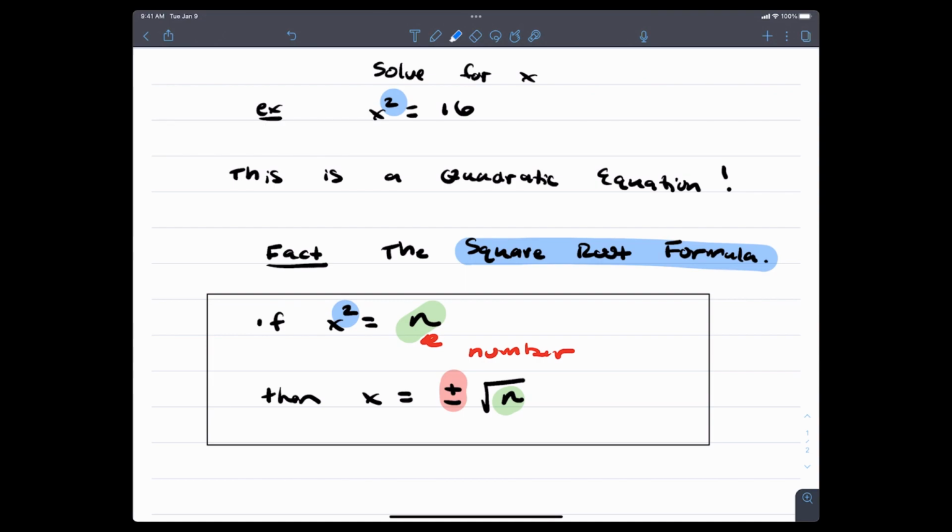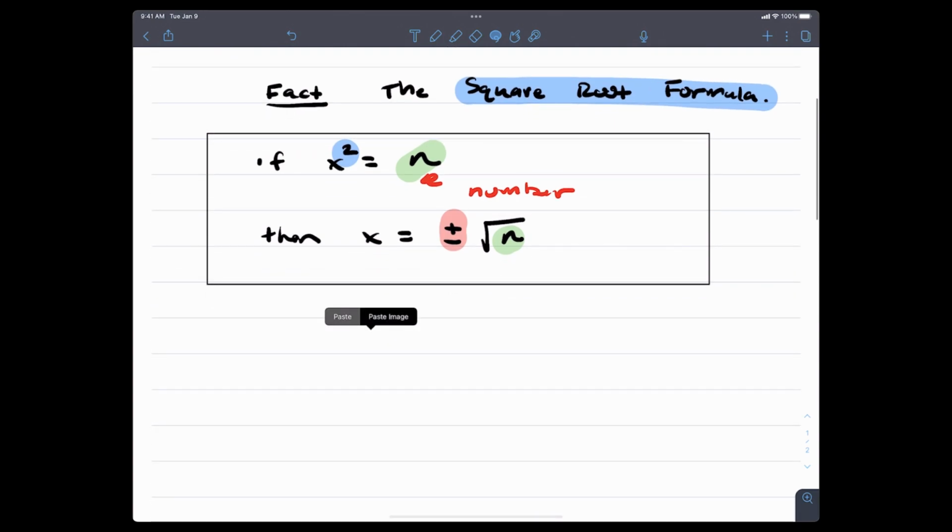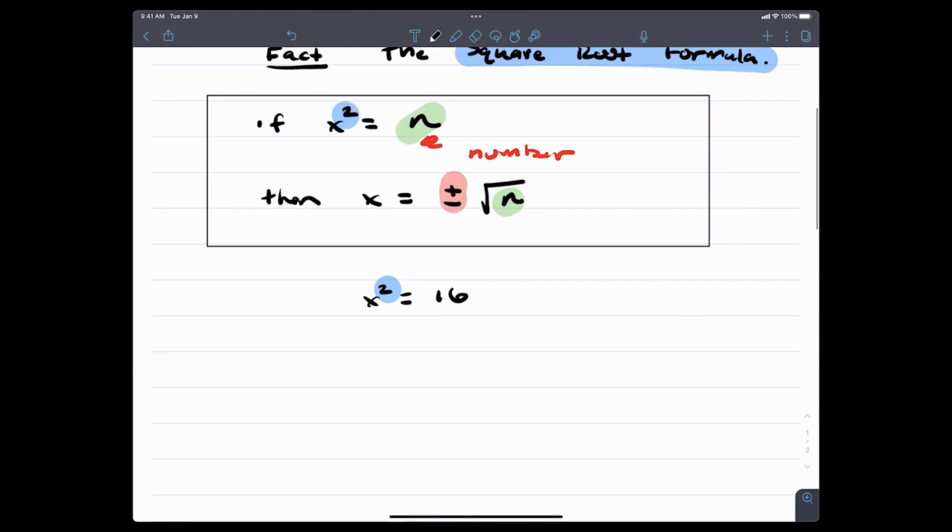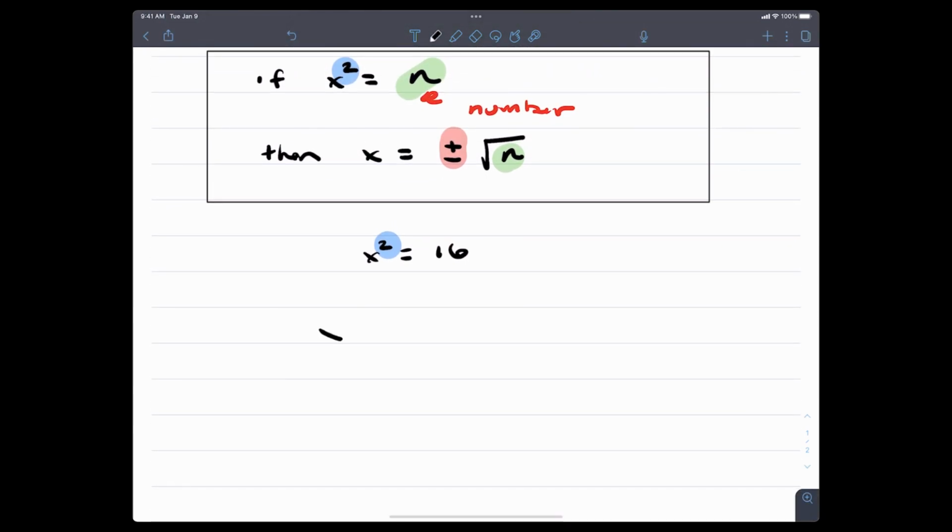So if you gave me something like this, x equals, what does the square root formula say I have to put down?